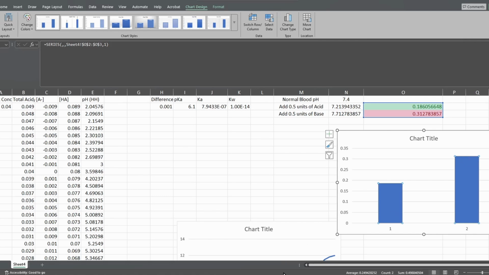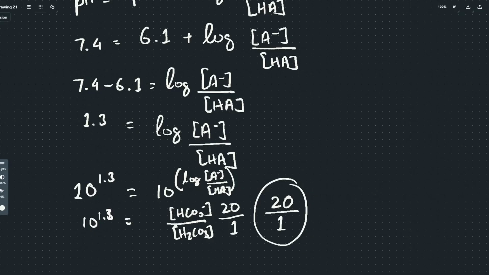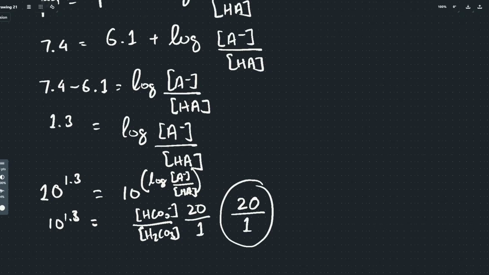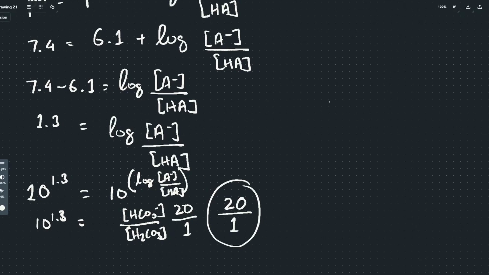Although it is far from the pKa, as I've told you, the buffer works best when it is closer to pK. The pH of blood should be closer to pK. So its pKa is 6.1, but we are outside the true range of its buffering capacity.